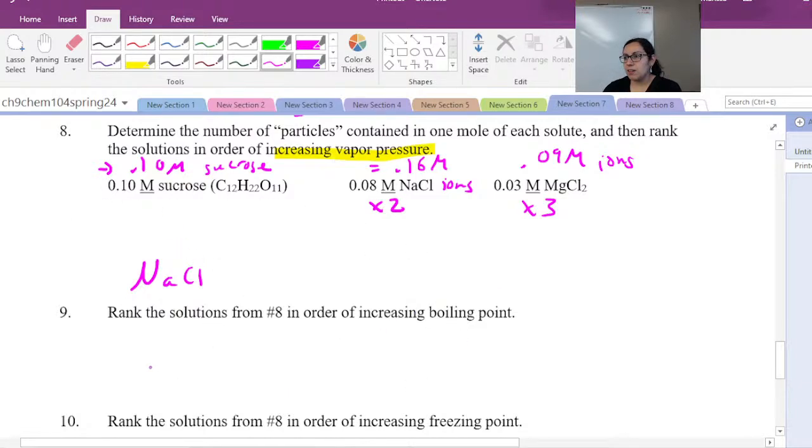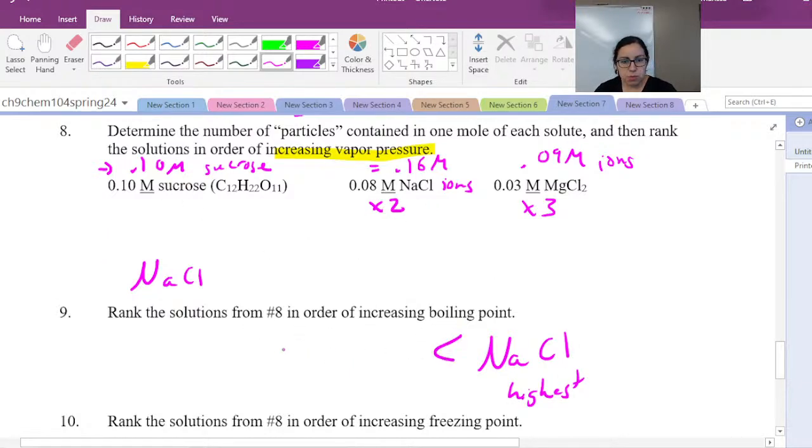So 8. And you said more molecules is decreasing the? Other way. More molecules increases boiling point elevation, and then freezing point depression. So it goes to the extremes. Let's do boiling point. Sodium chloride has the highest boiling point since it has the most ions.